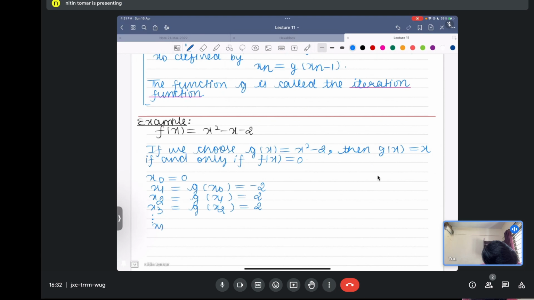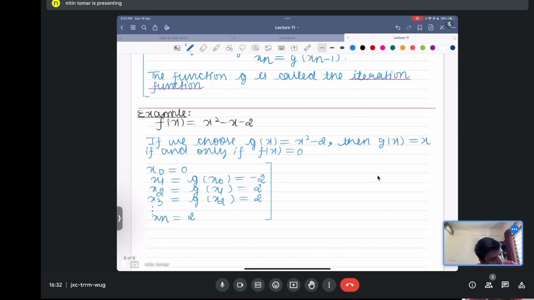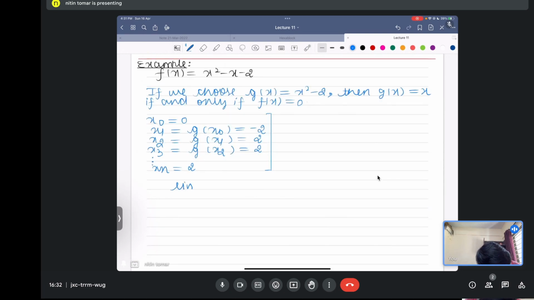You see your x_n from here onwards will be 2. So this iterative sequence, you see limit x_n is actually 2, right? And here f of 2 is actually 4 minus 2 minus 2, which is 0. So this x_n actually converges to a root of the given function f.